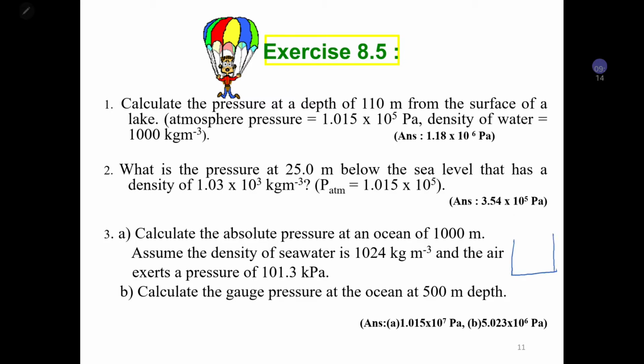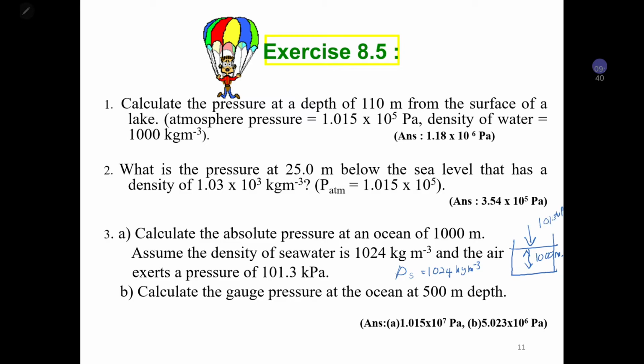So we have an ocean, the depth is 1000 meters, the density of seawater is 1024, and the atmospheric pressure is 101.3 kilopascal.